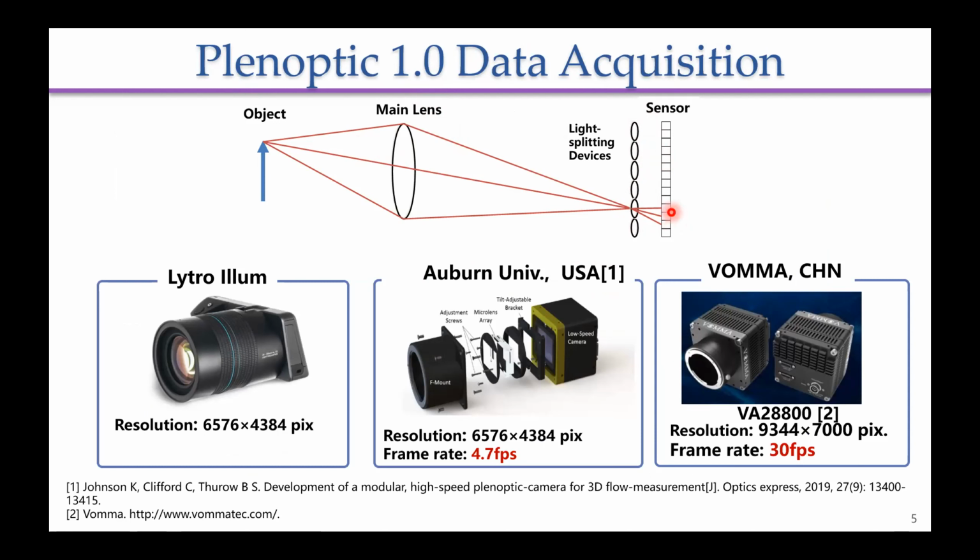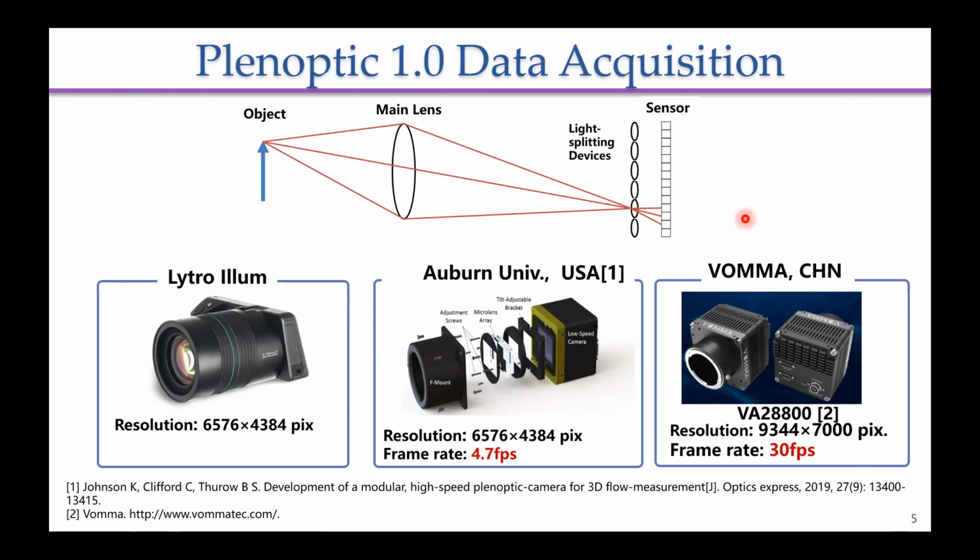So it can be regarded as each pixel on the sensor recording one direction of the light ray, and each microlens recording the information of one object point. This also shows the existing devices.